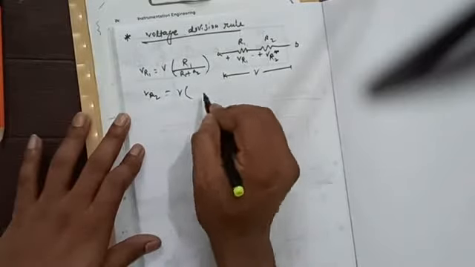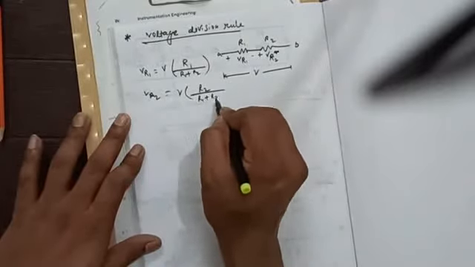Similarly, VR2 is equal to the net voltage times the same resistor divided by the sum of the resistors.